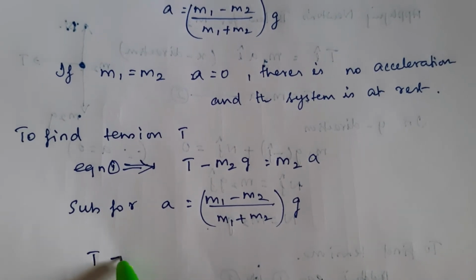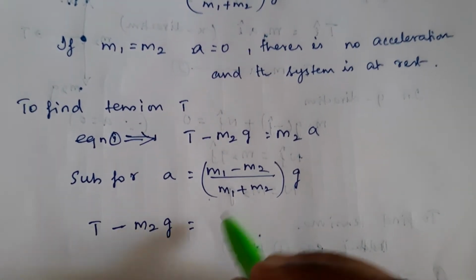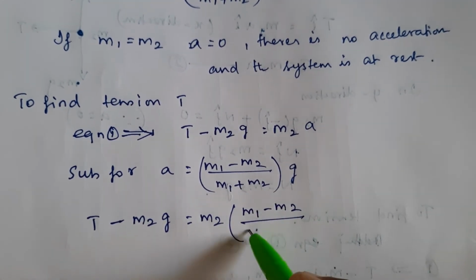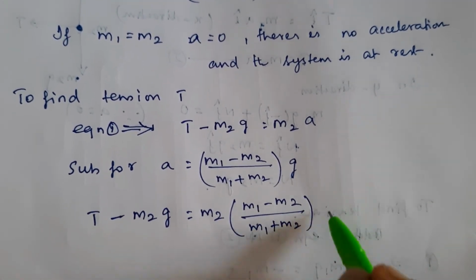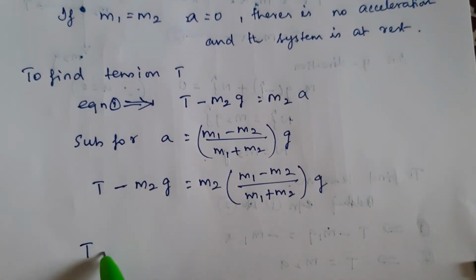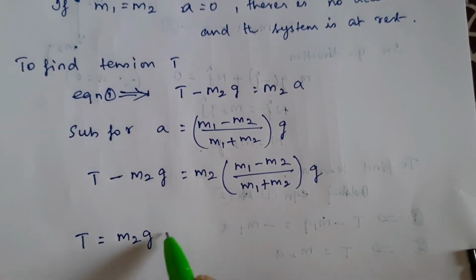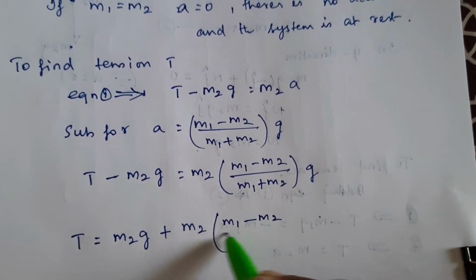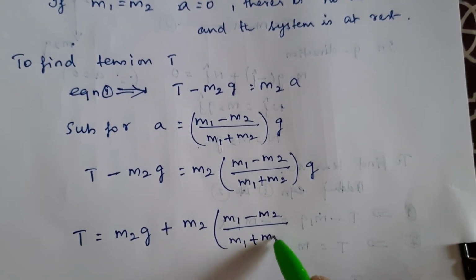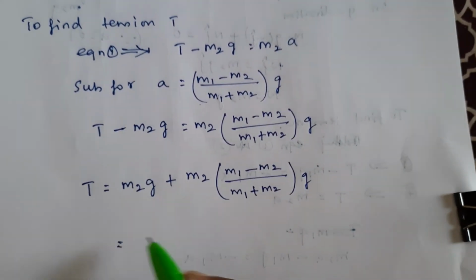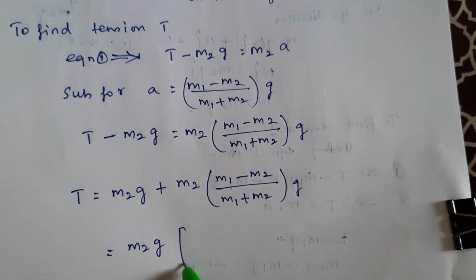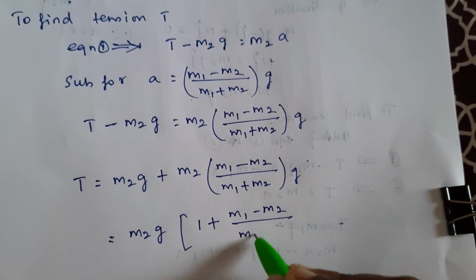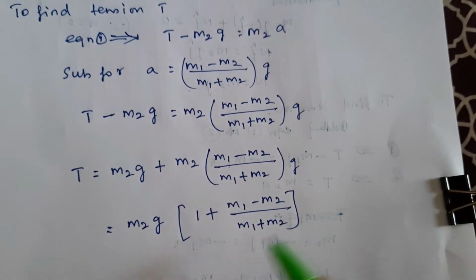So T minus m2g is equal to m2 into (m1 minus m2) by (m1 plus m2) into g. So T is equal to m2g plus m2 into (m1 minus m2) by (m1 plus m2) into g, which is equal to m2g into 1 plus (m1 minus m2) by (m1 plus m2).